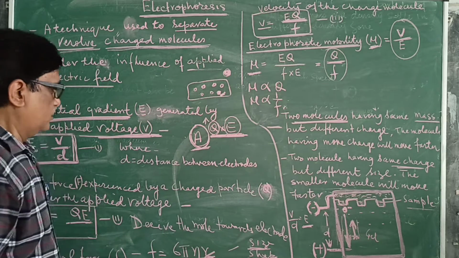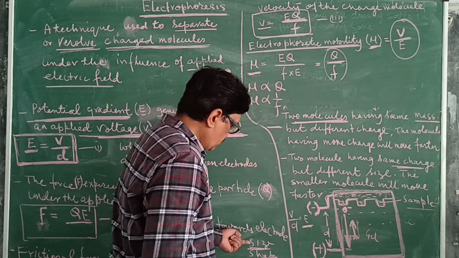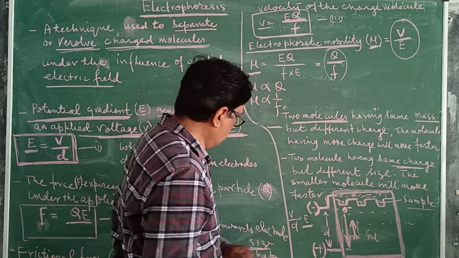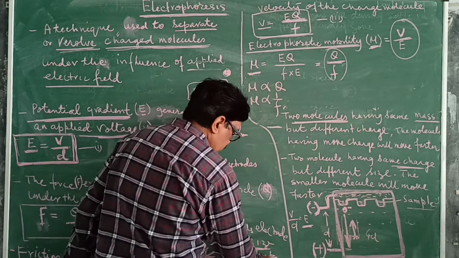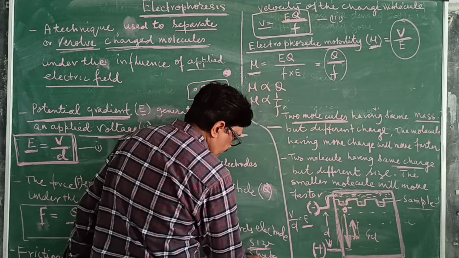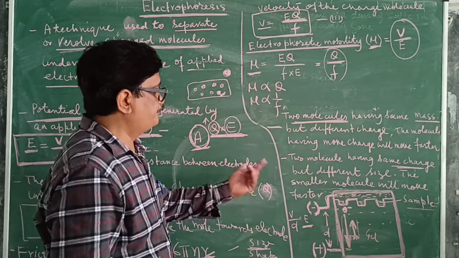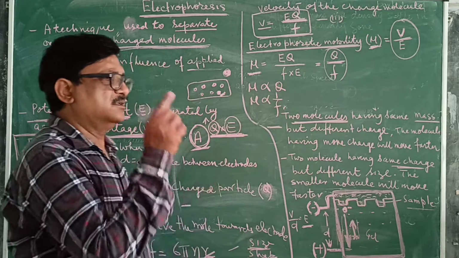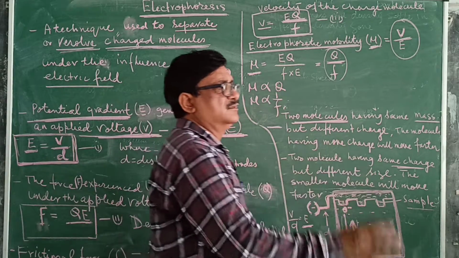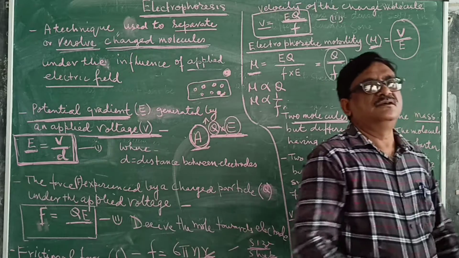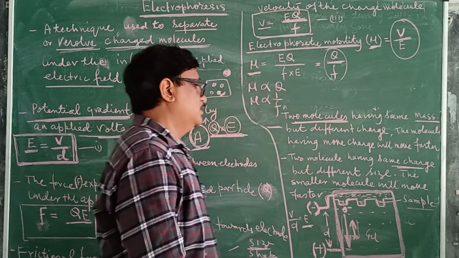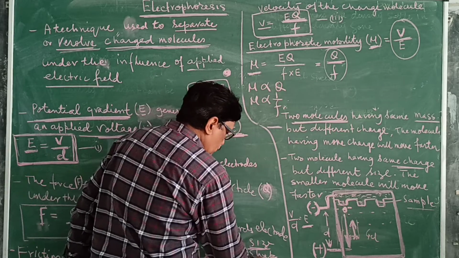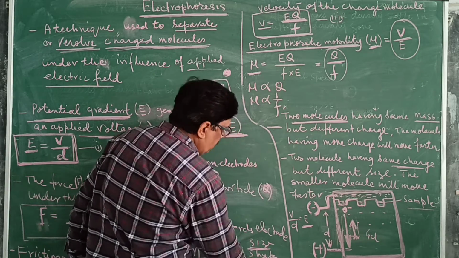So if the size is greater, the resisting force or force of friction will be more. If the shape is different, molecules of different shape have different friction force. Generally a linear molecule has a lesser friction force than a round, spherical molecule. Okay, the shape and the pore size.